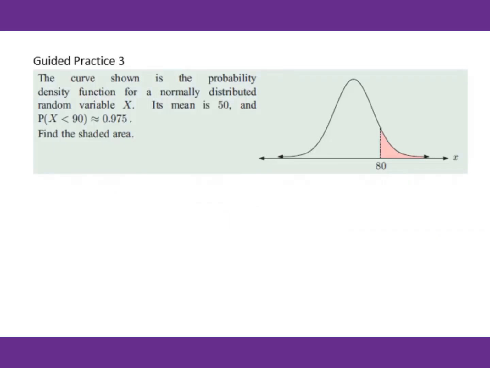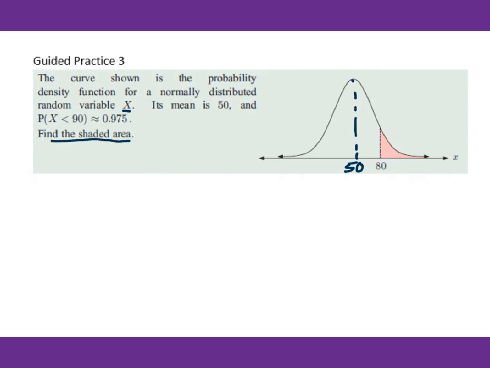The curve shown is the probability density function for a normally distributed random variable x. Its mean is 50, and the probability x less than 90 equals 0.975.